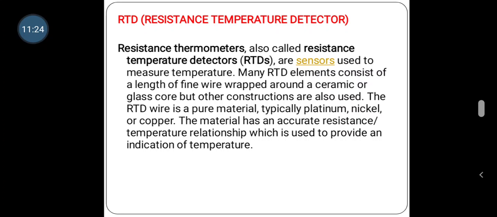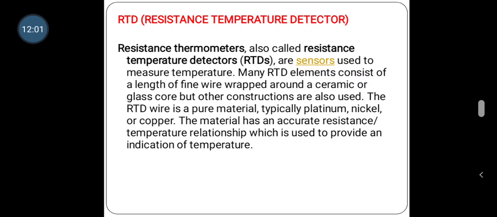It has a long life, good stability, high degree of accuracy, approximately plus minus 0.01 degree Celsius up to the temperature of 500 degrees Celsius, and plus minus 0.1% up to 1000 and 1200 degrees Celsius. Linear over a wide range. These are the advantages of the platinum resistance thermometer.